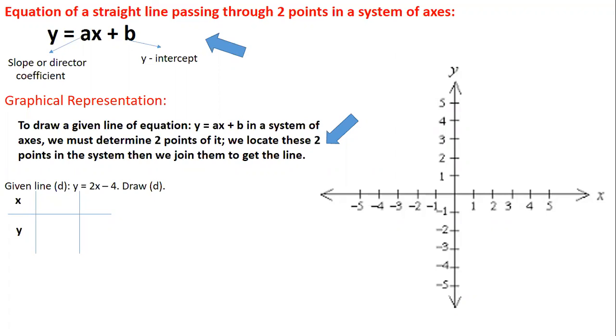You have a straight line D, y equals x minus 4, please draw D. As you read above, we should determine 2 points of the line, right? Here I want to tell you something very important, guys. To determine 2 points on the line, I should take a value for x to calculate y.